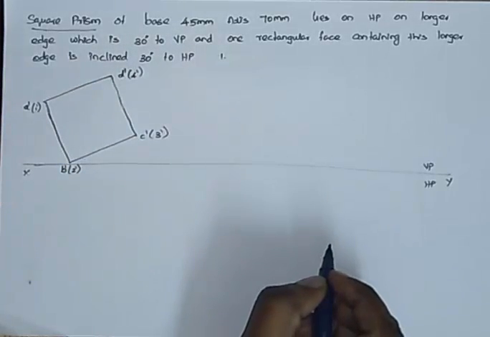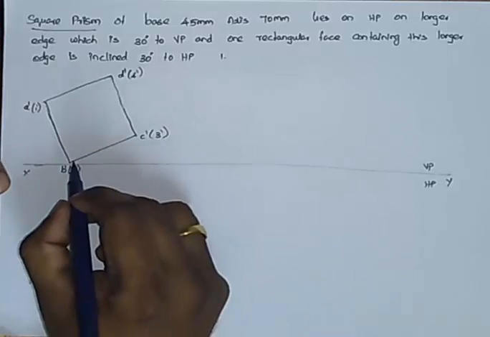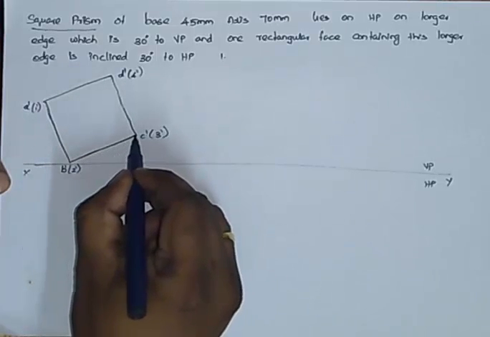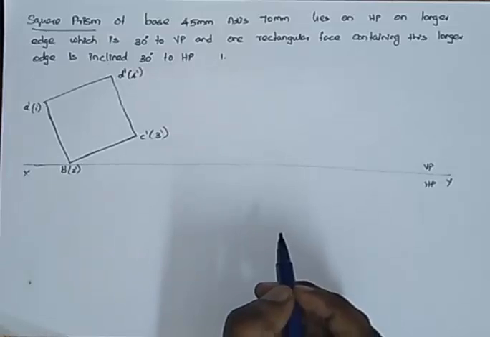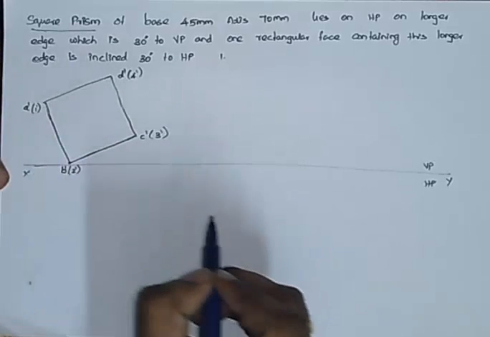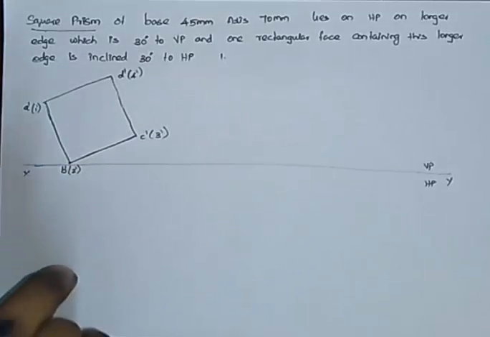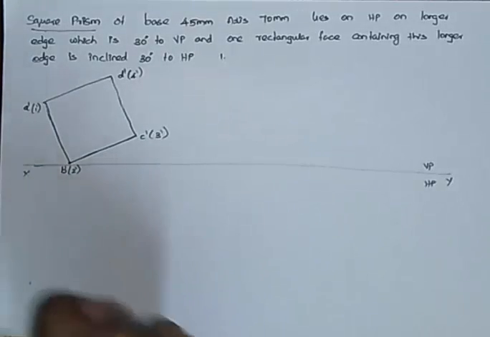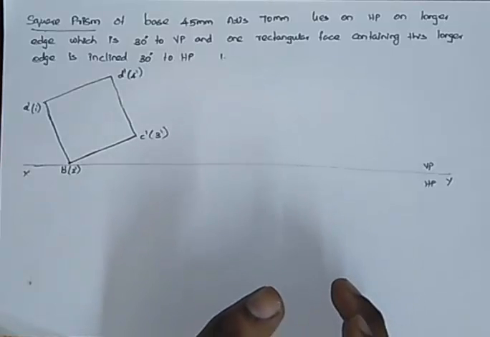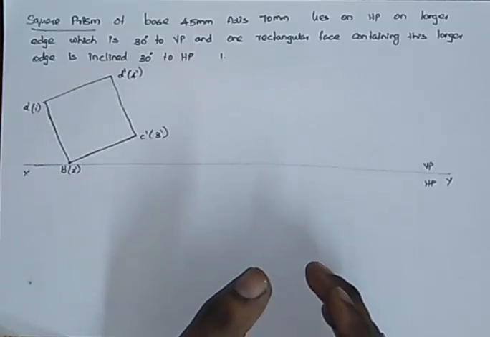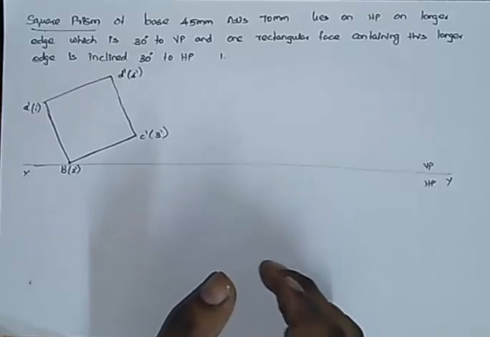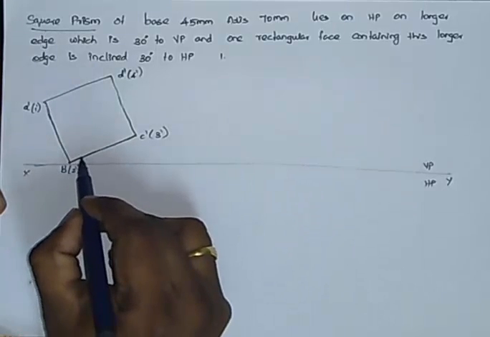Now this line represents a rectangular face. This point represents a longer edge when you view from the front view. If you have any doubt, please see the last video where I have shown the 3D models. So this is the rectangular face.